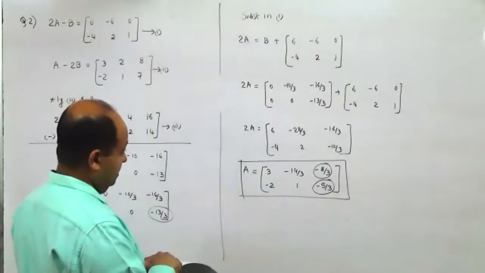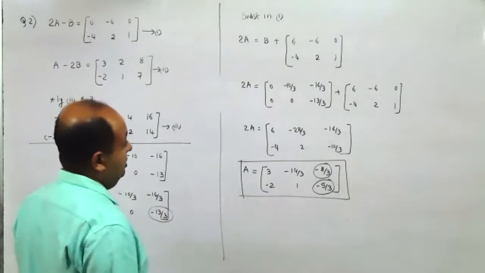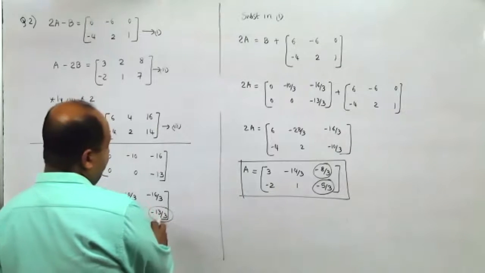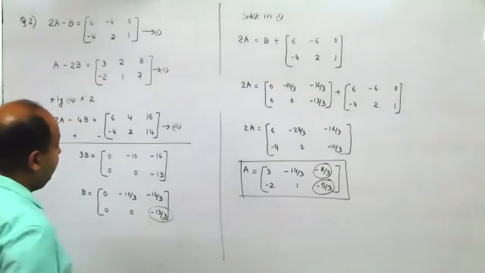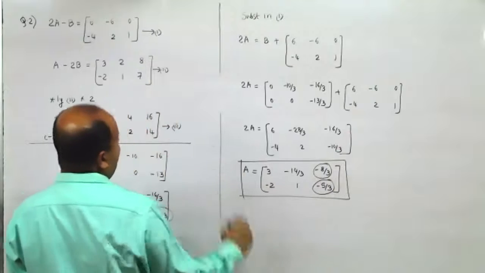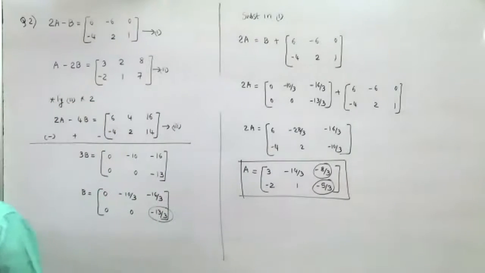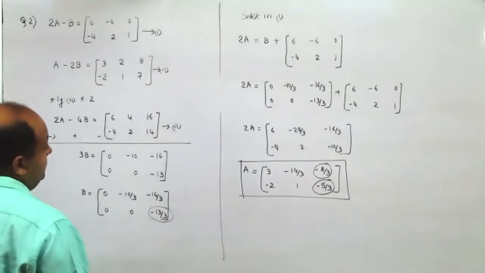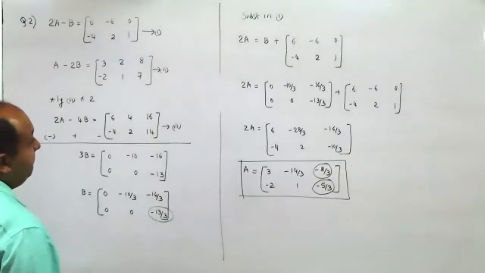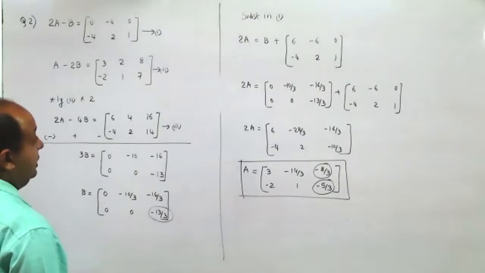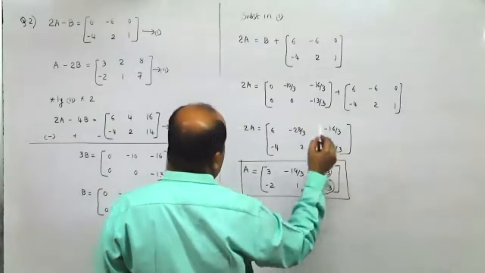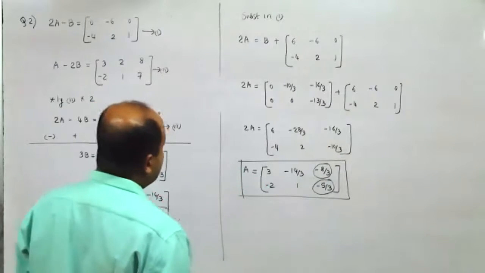So for A, minus 8 and 3. If this is minus 5, you said, right? Or 5? Only 5. So in that case, 5 plus 1 is 6. No, even then you wouldn't have got this answer. What is this value? 3. If this would have been 5, even then this would have been 2, it should have been 9.